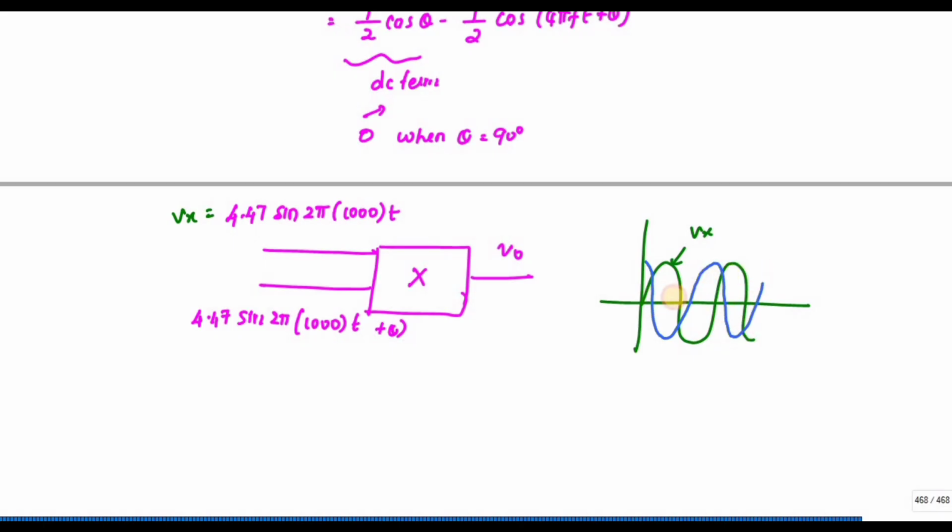Here there is a 90-degree phase shift between these two. Whenever these two terms get cancelled out, I get theta equal to 90 degrees.